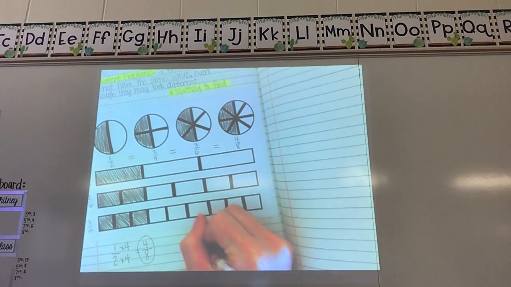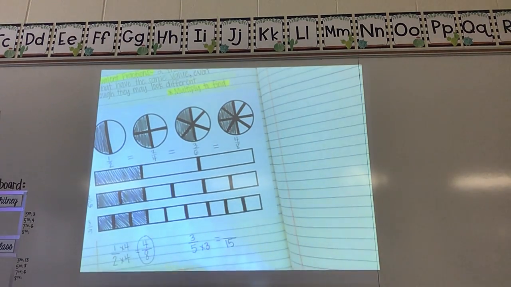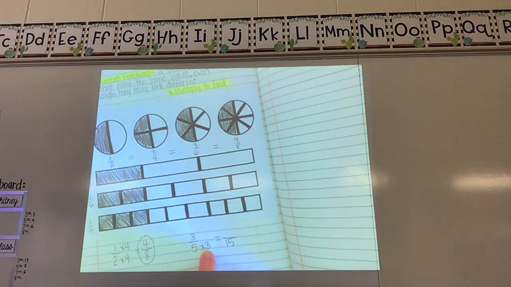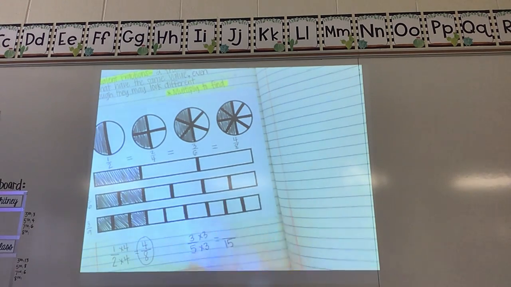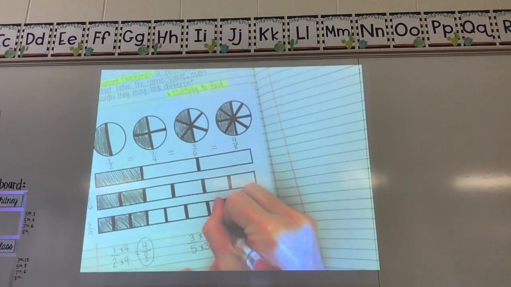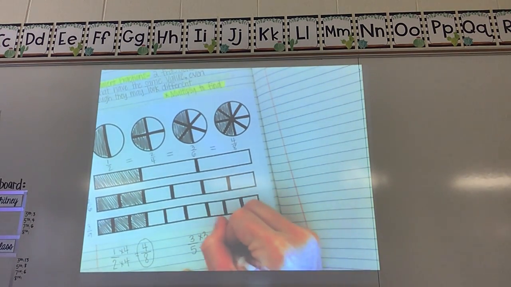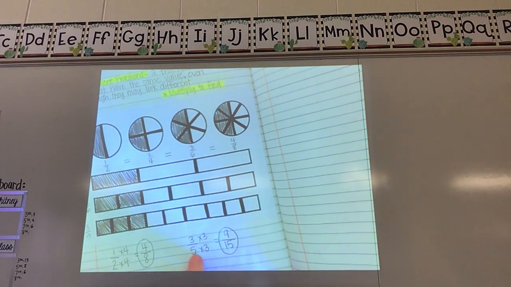Hopefully, you are thinking I need to times by 3. 5 times 3 would get me to 15. If I times by 3 on the bottom, I also have to times by 3 on the top. And then I'm going to solve my top row. 3 times 3 would give me 9. That means 3/5 and 9/15 are equivalent.